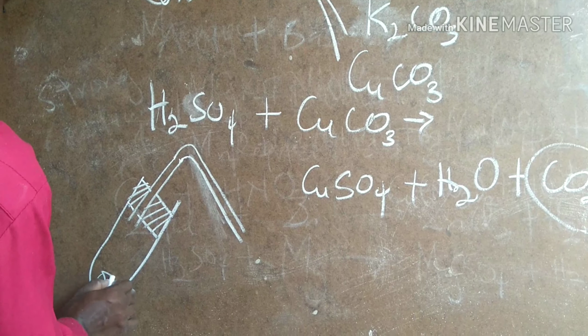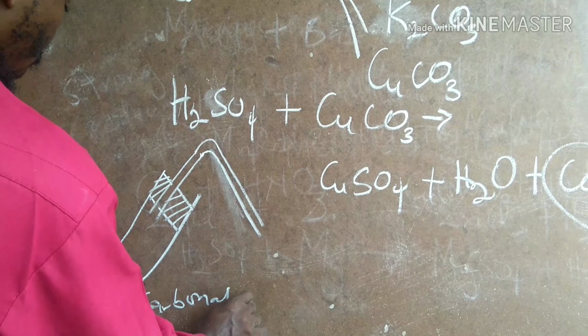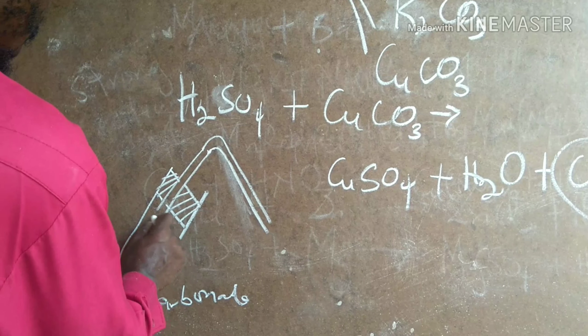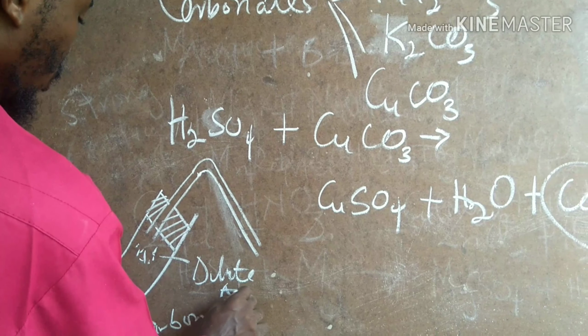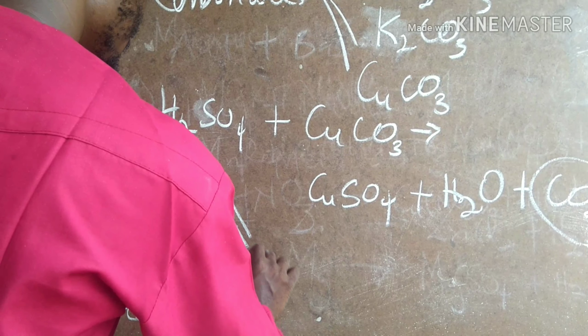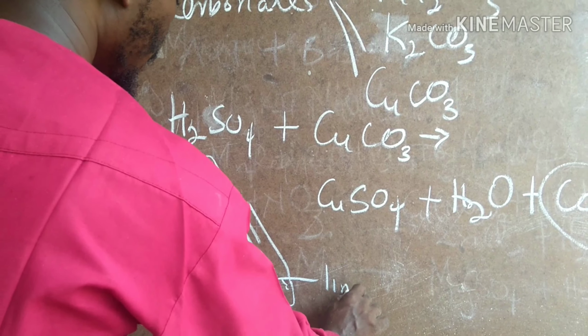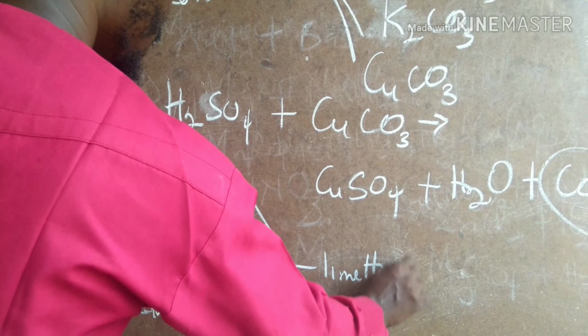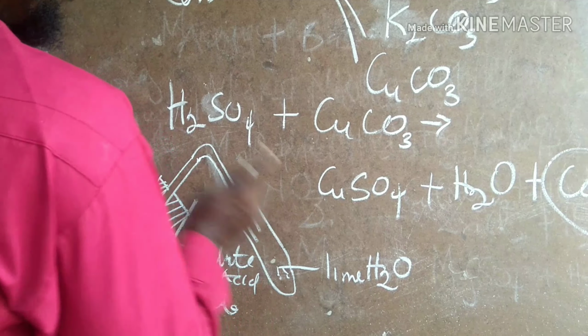So down here I have my carbonate, and here I have my dilute acid. So inside here, I have my lime water. So I will allow the gas to come in contact with the lime water.